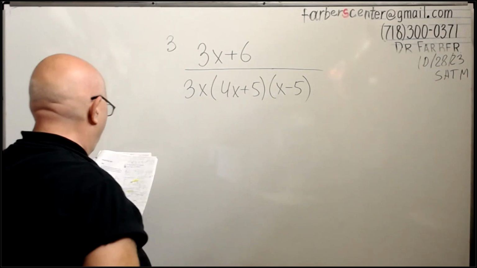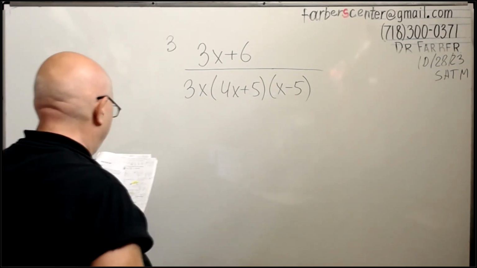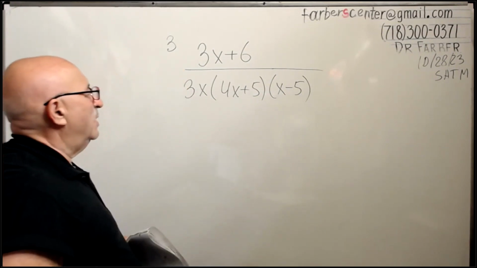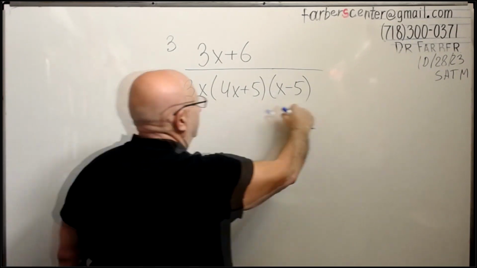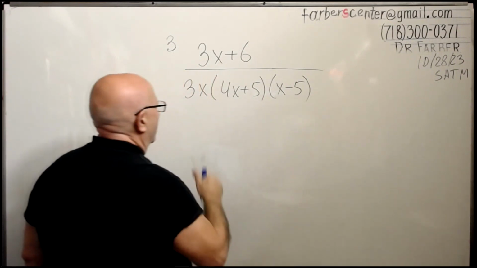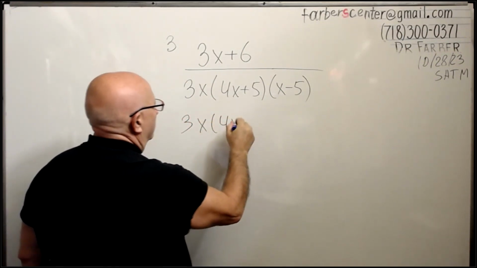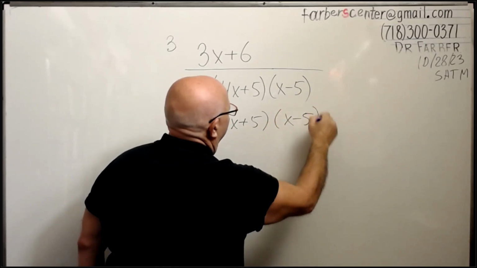For what value of x is this expression, this function, undefined? The same question actually. The function is undefined when the denominator equals 0. So you can write 3x times (4x plus 5) times (x minus 5).